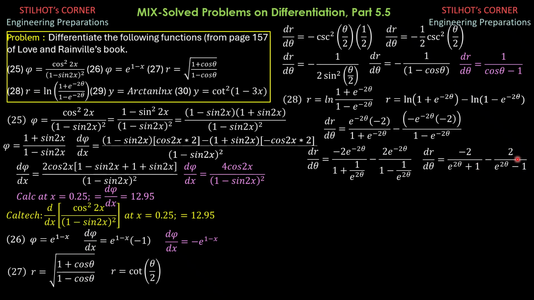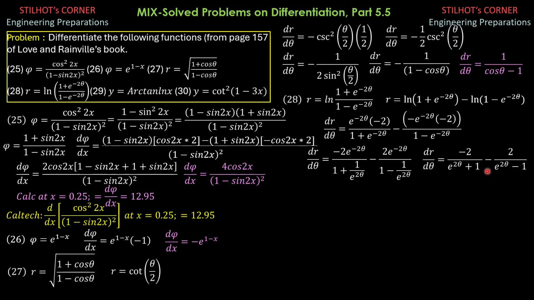It's minus 2 because this is supposedly e to the 2 theta minus 1 over e to the 2 theta, and we put that in the numerator multiplied with e to the negative 2 theta, which is equal to e to the 0 or 1. So that's the final simplification.